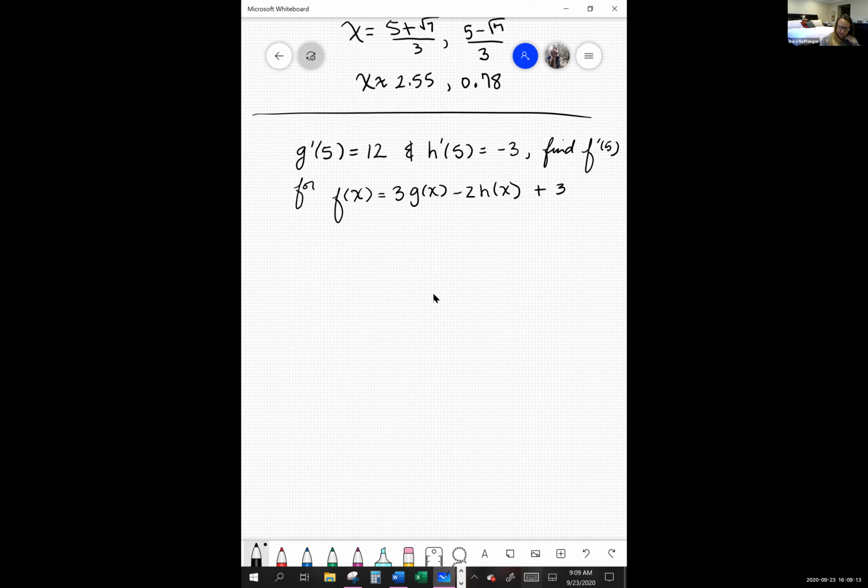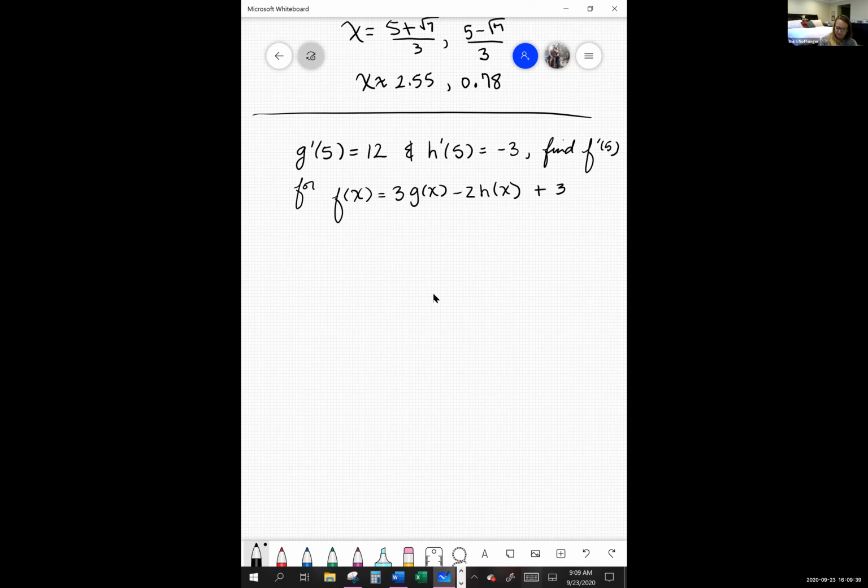Okay, let's see if we can figure this out. Sorry, I thought this would have said f was 3 times g prime, and so I'm off, because it wants us to find f prime of 5. Can we think about this? Oh, duh. Okay, this is not bad at all.